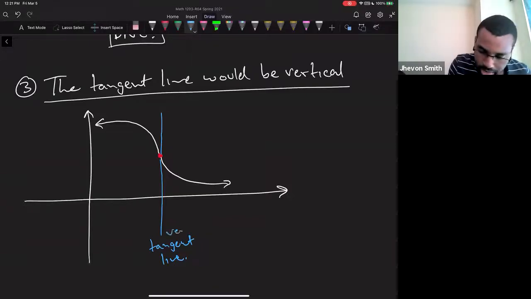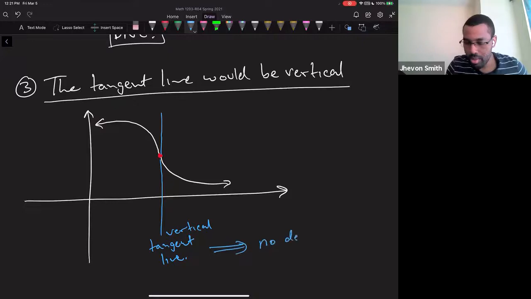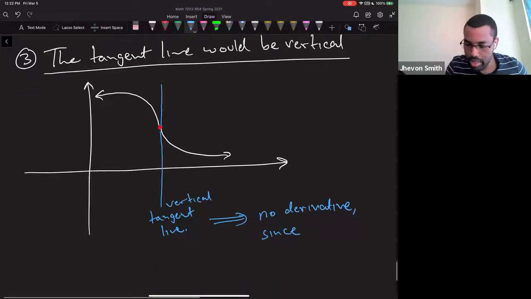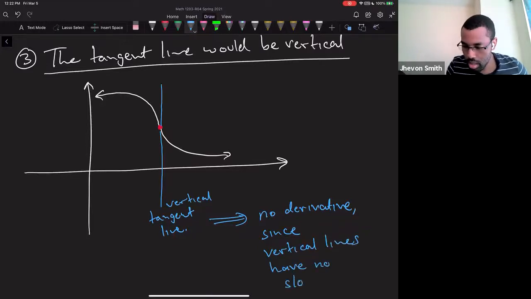So it's a vertical tangent line. And here, no derivative. Since this is kind of a technicality, vertical lines have no slope. Hence, they have no derivative.